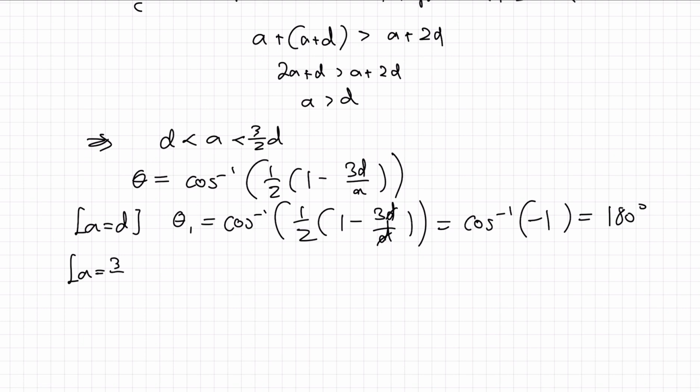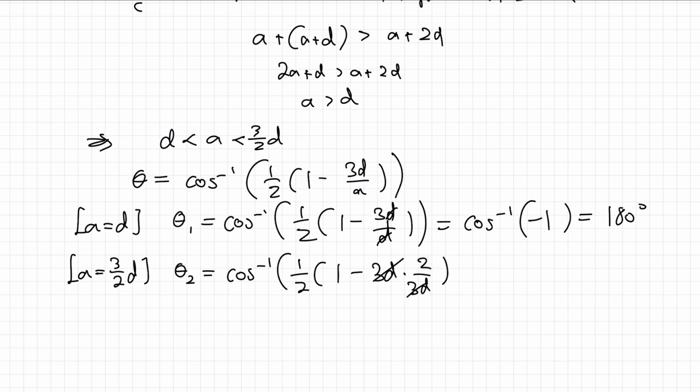Now let's substitute A is 3 over 2D, so that tells us theta 2 is going to be 1/2 1 minus, well, this will be 3D multiplied by 2 over 3D, so those cancel out, and we're left with 1/2 multiplied by minus 1, or minus 1/2.